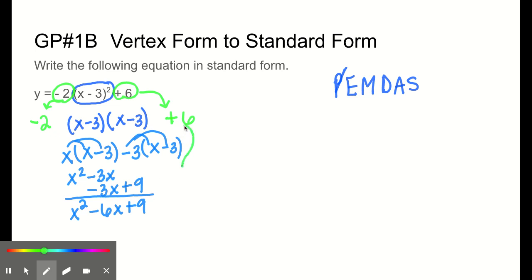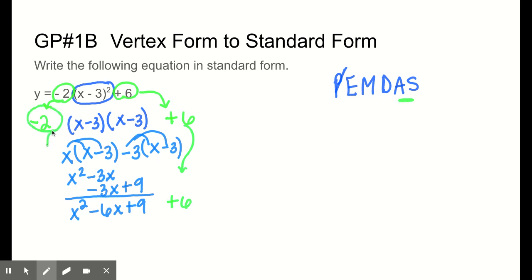Now again, I still have this plus 6 that I have to add at the very end because addition's not till the last step. But then I also have this negative 2 that I have to multiply to my new polynomial here. Now we have to do the multiplication before we do the addition. Multiplication is the next step in the order of operations.